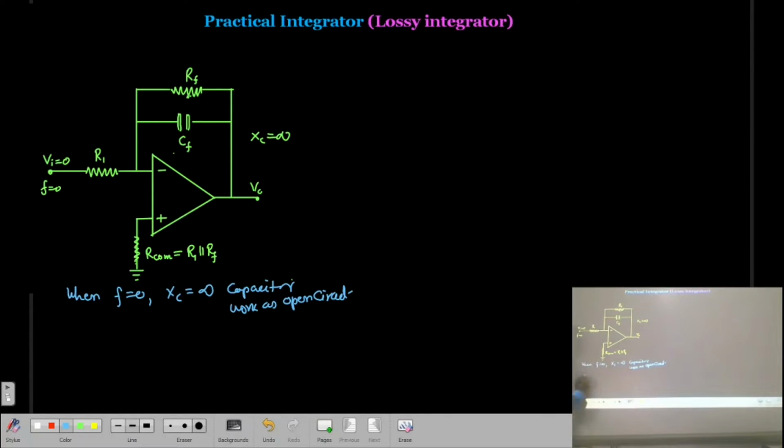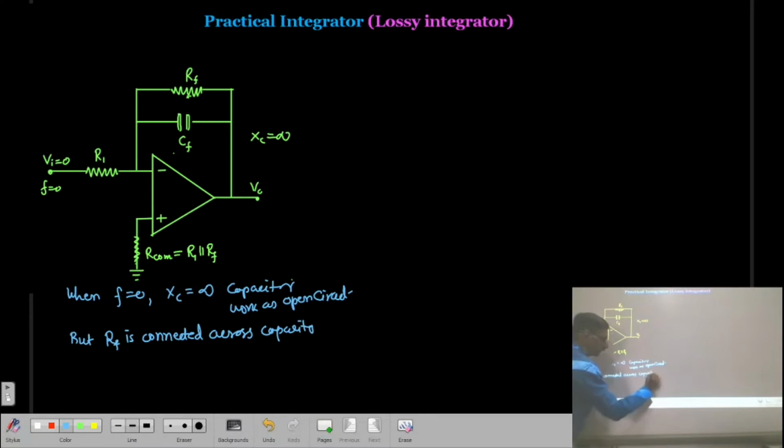But the Rf is connected across the capacitor so that the circuit behaves like an inverting amplifier.